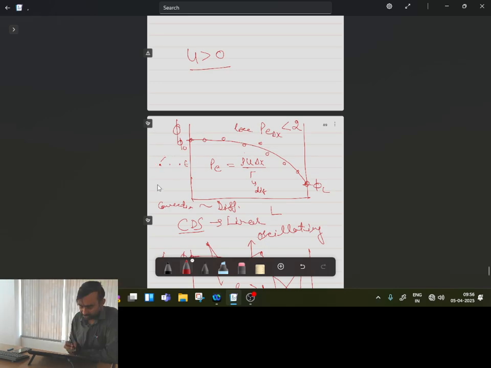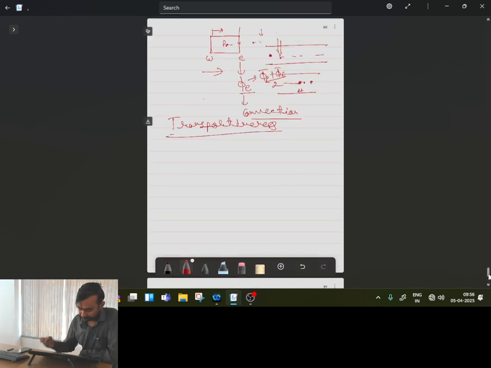So when convection and diffusion are of the same order, in the moment in which the diffusion forms a circle, convection will also be propagating with almost the same pace.